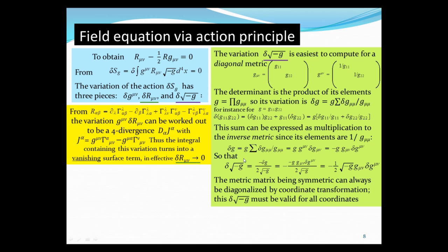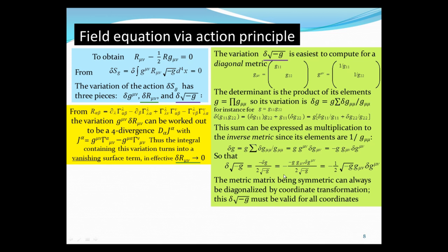So starting from here, delta g is written from here. And this is minus g squared, so it cancels one, so we get the square root of minus g, and have minus 1/2 of this, because I'm taking care of the fact that there is a square root. Therefore, the variation of the square root of minus g is equal to this expression.